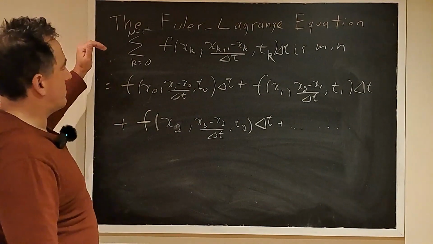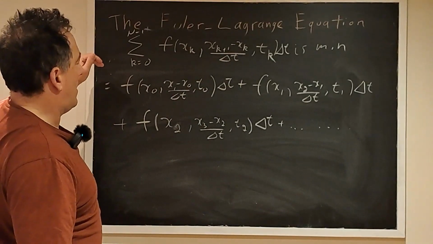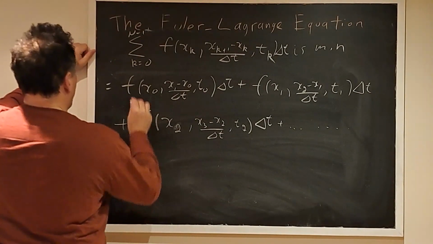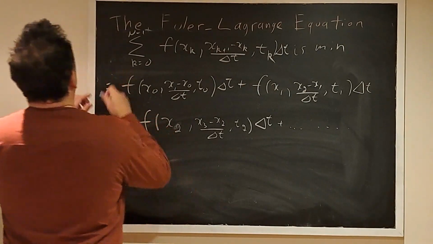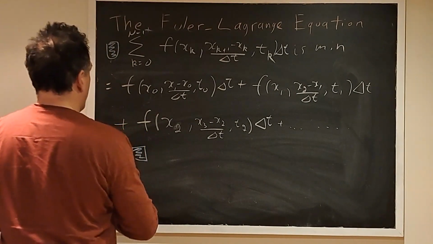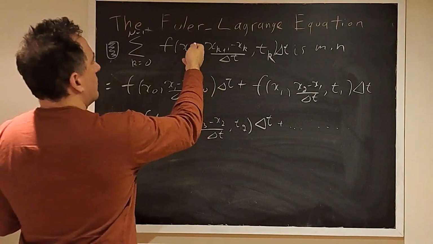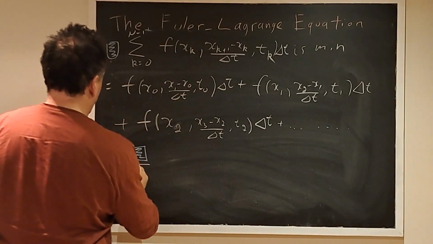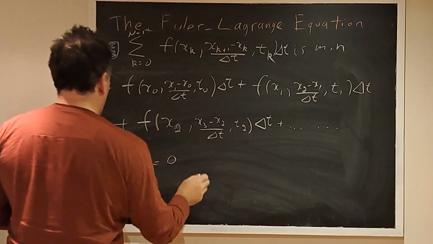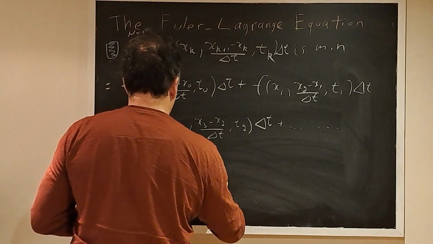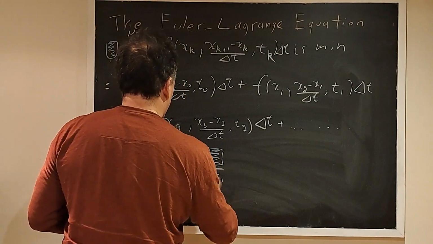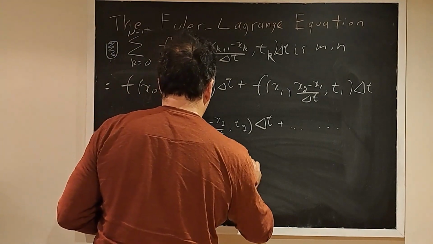What we want to do is minimize the sum, and to minimize it, we need the derivative of this big sum with respect to all the variables xk to be 0. So the derivative of the sum with respect to x0 equals 0, the derivative with respect to x1 equals 0, and so on.